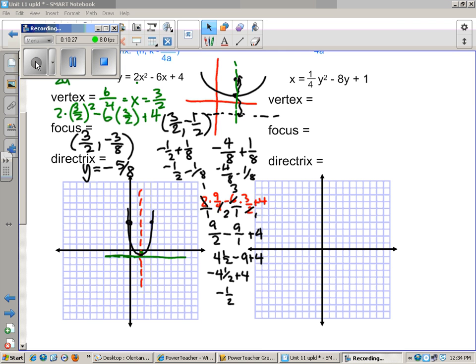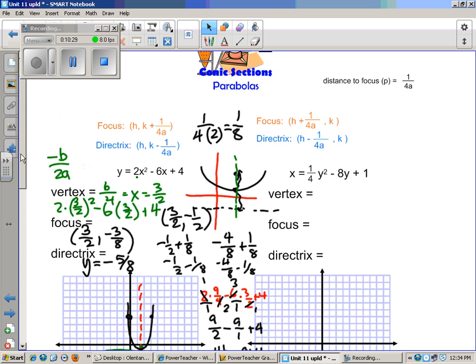Okay, so the vertex is opposite of B over 2A. So the opposite of B is 8, and 2A is 2 times 1/4. Well, what is 2 times 1/4? 1/2. Okay, so it's 8 divided by 1/2.